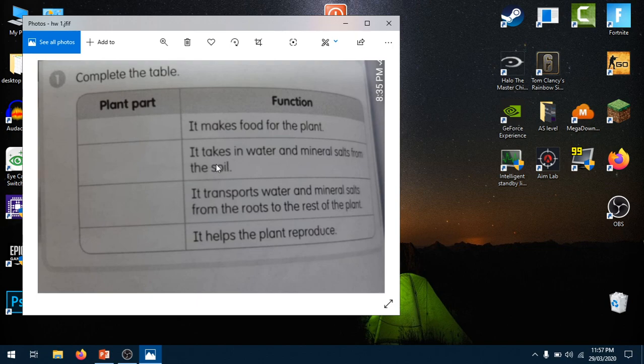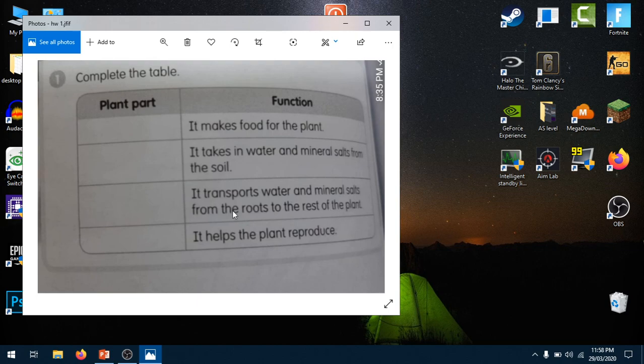Here you will do: it takes in water and mineral salt from the soil. Which part of the plant takes the water and mineral salt from the soil? So you will write the name here. And it transports water and mineral salt from the roots to the rest of the plant.